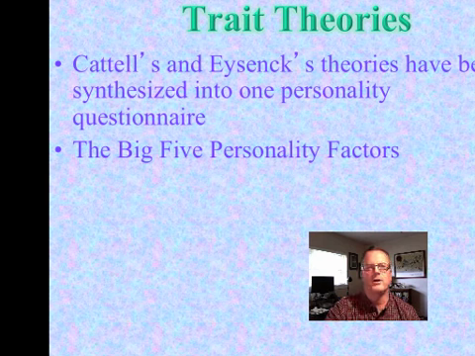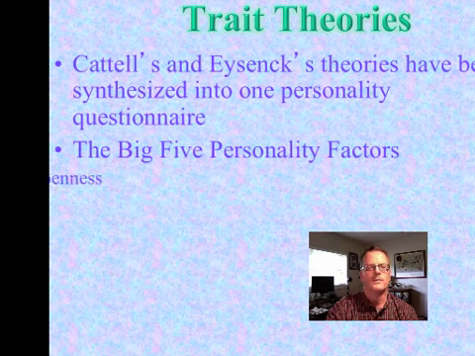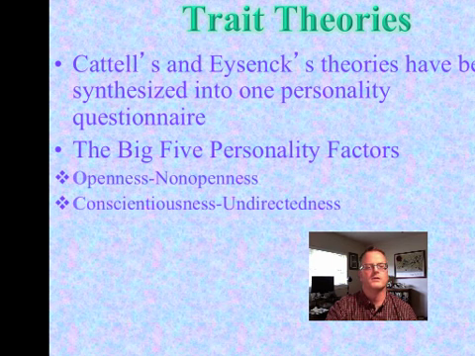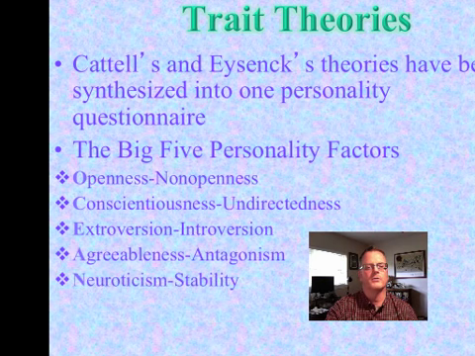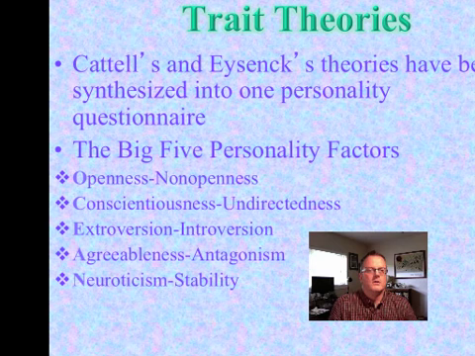And the acronym here to remember these, or the mnemonic device, is OCEAN. Okay, so openness, conscientiousness, extroversion, agreeableness, and neuroticism. So the first initial of all five leads to OCEAN.